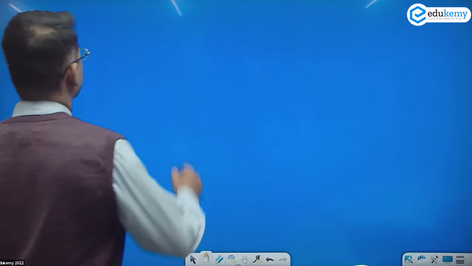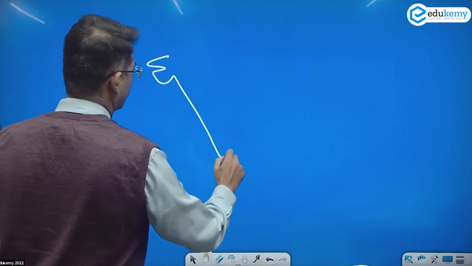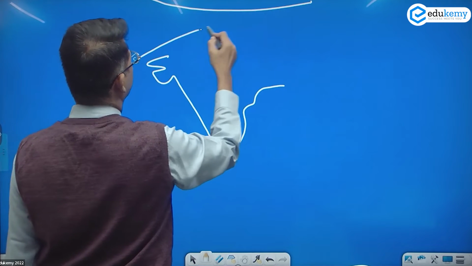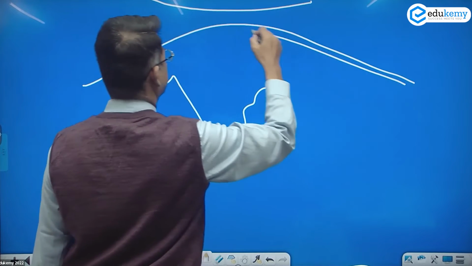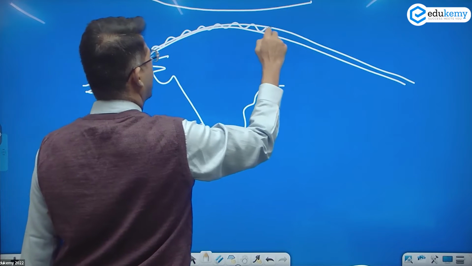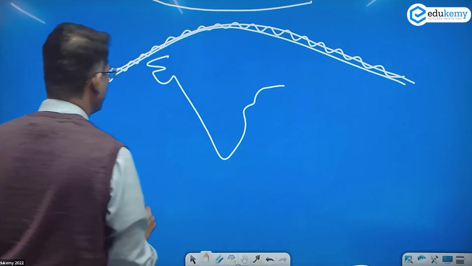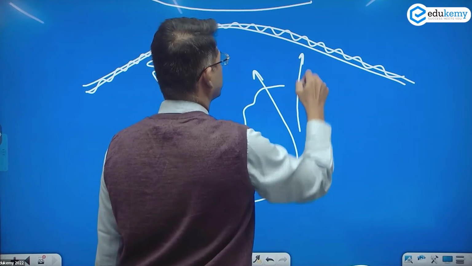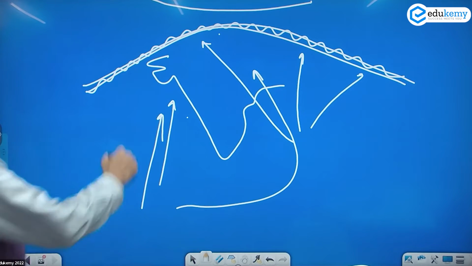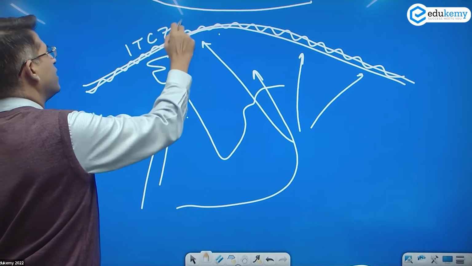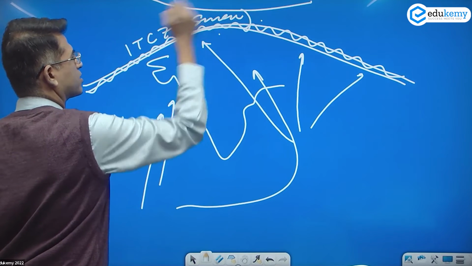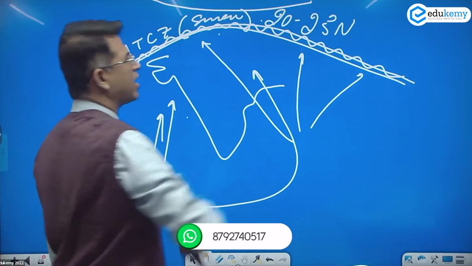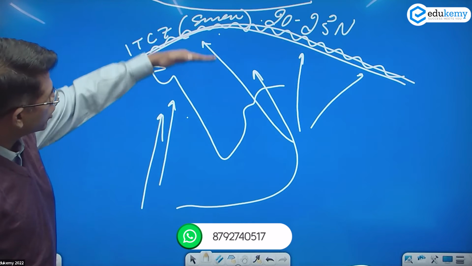So something like this: if this is India and these are the Himalayas, your ITCZ is something like this. This is your ITCZ, and what will it do? It will pull the winds towards itself. This is the ITCZ in the summers at around 20-25 degrees north latitude, and it can keep shifting.